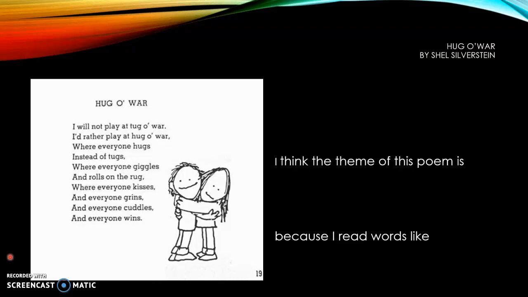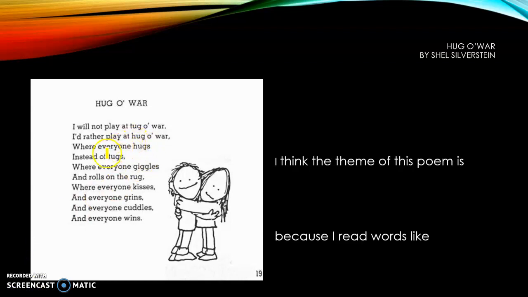Instead of the painting, I said the poem, and because I read words like. Let me get my highlighter.